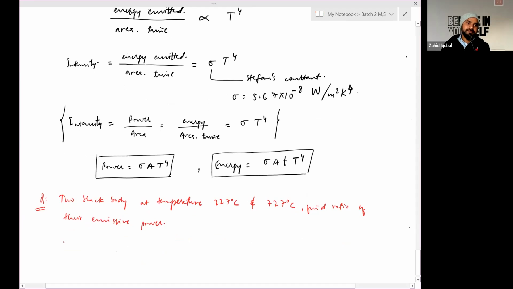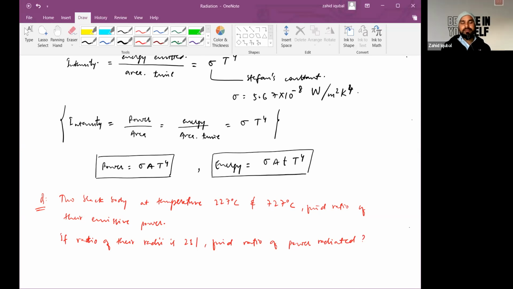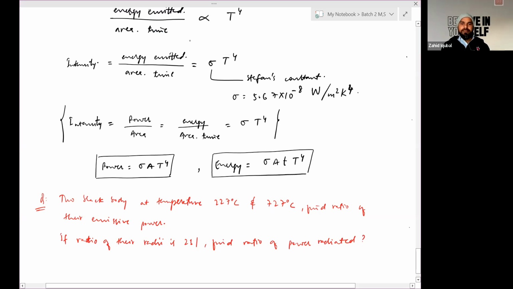In the same part, if the ratio of their radii is 2:1, find ratio of power radiated. Try to solve using the above formula. First, convert each temperature in terms of Kelvin, then put their values according to the formula.